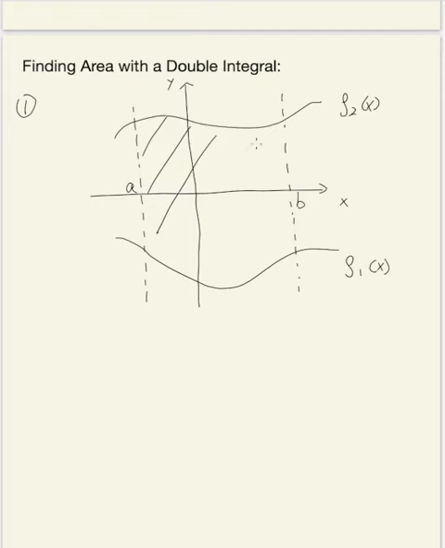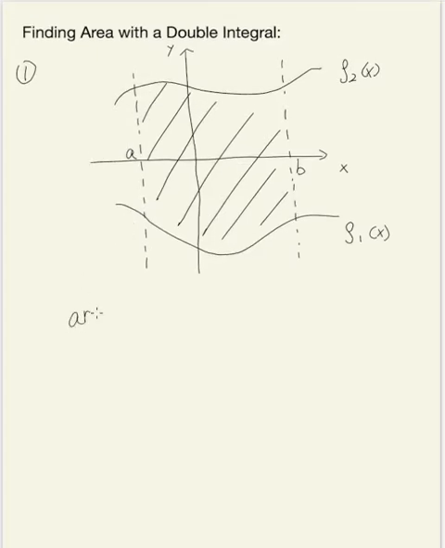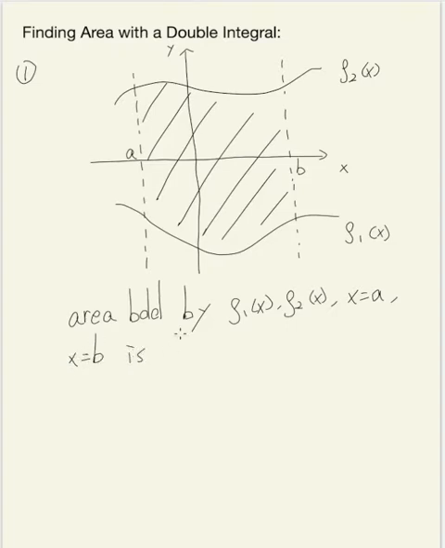Then the area bounded by g1 of x, g2 of x, and then the two straight lines, x equals a, x equals b, is the integral from a to b, and from g1 of x to g2 of x, dy dx.